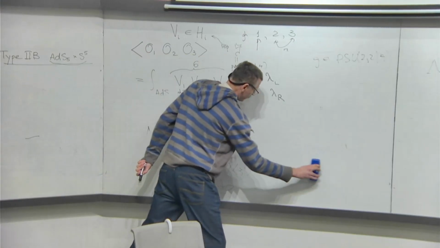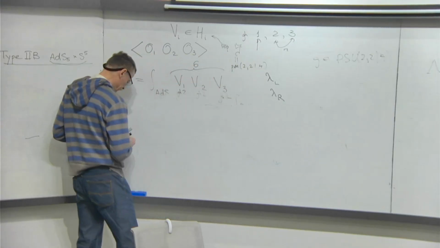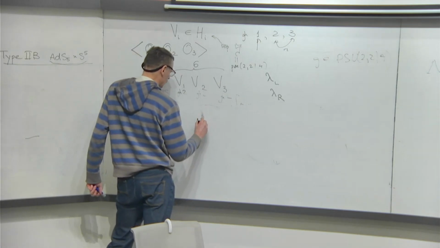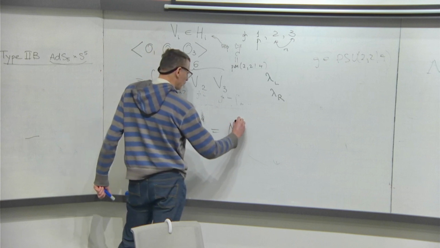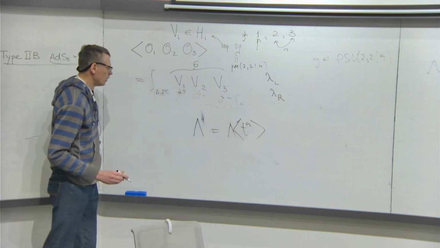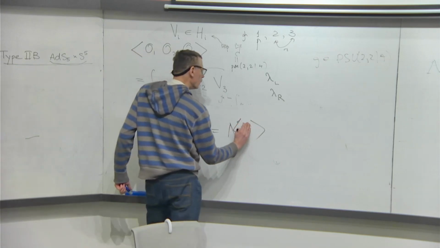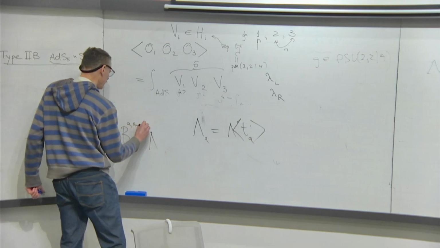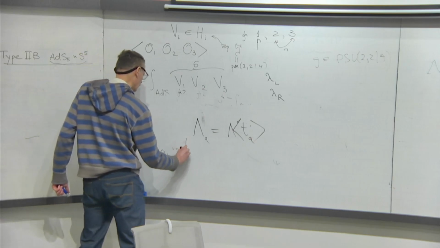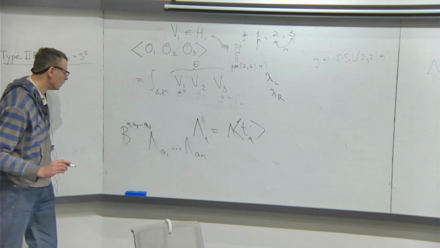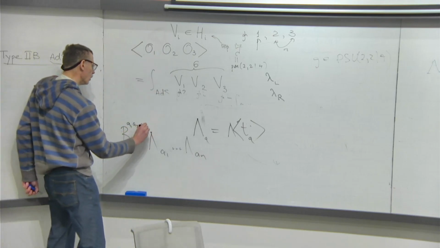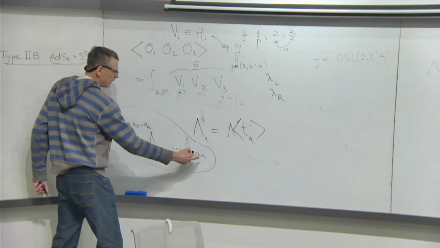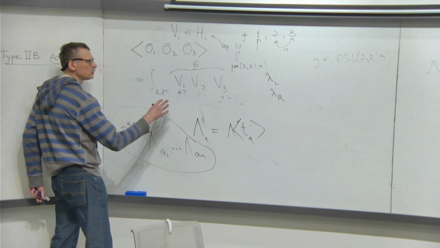For example, I can consider several lambda. Let's see, lambda_A, I denote lambda of the basic generator of the algebra. Better put the index down. Then I can consider, with some B, A1, A2, ..., AN, lambda_A1 ... lambda_AN. When n equals 2, by the way, this is the beta deformation vertex in unintegrated form. But for n greater than 3, it will be resolvable.